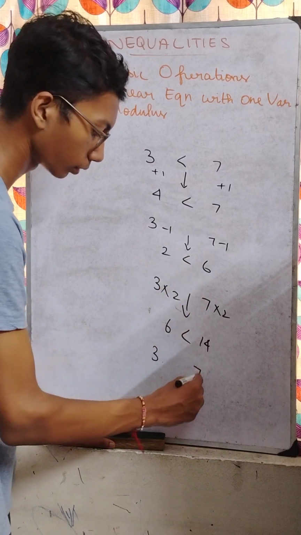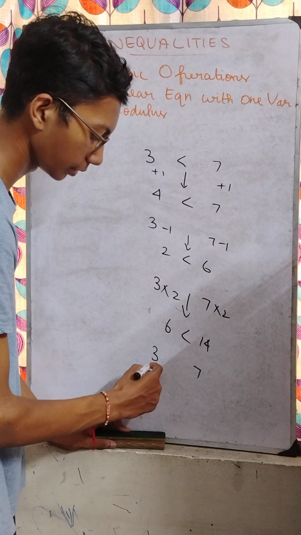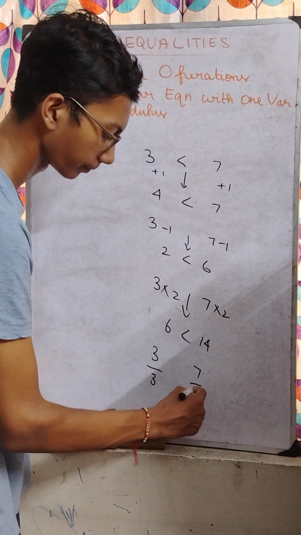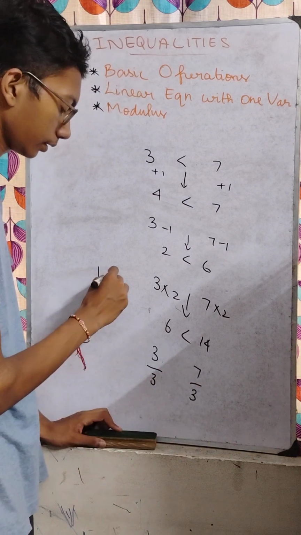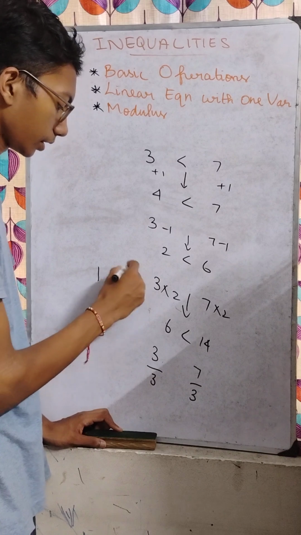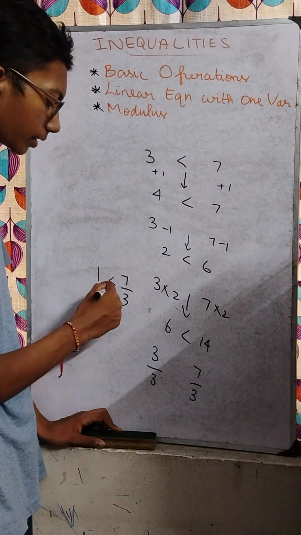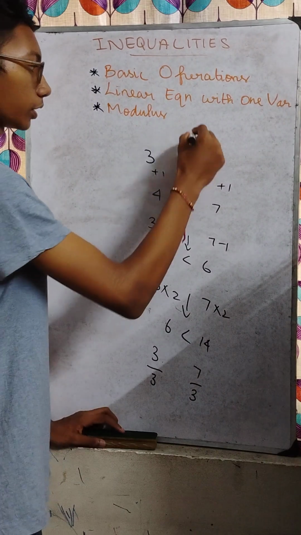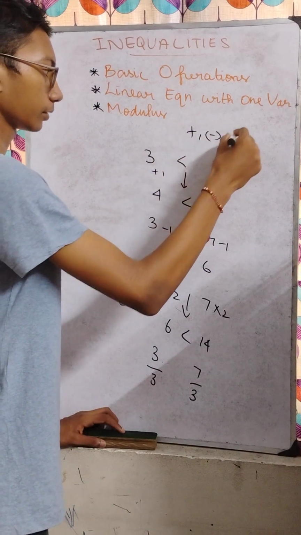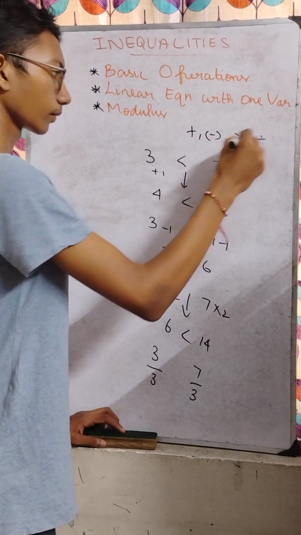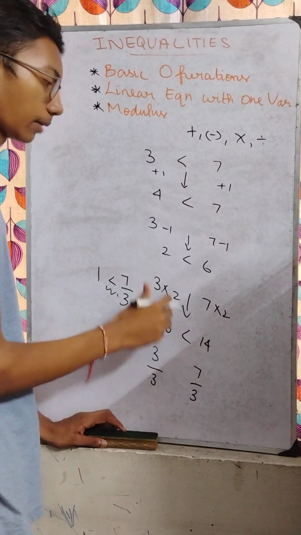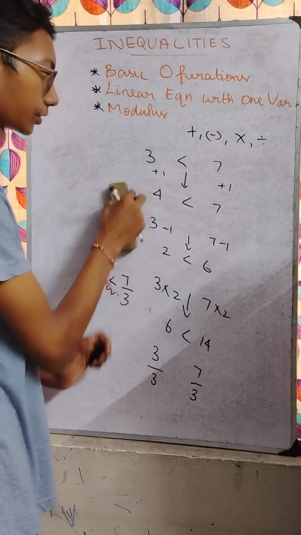Again, we divide both. Let's say we divide by 3. We get 1 and 7 by 3. This is clearly greater than 1. So, again the inequality remains the same. For all the four basic operations, the inequality remains the same whatever we do on both the sides.